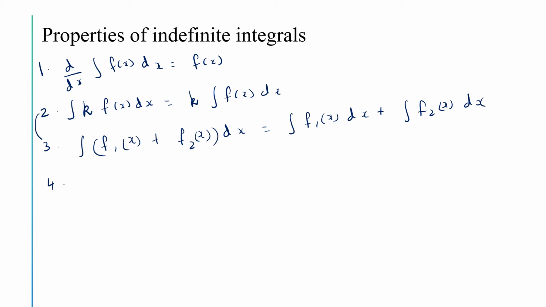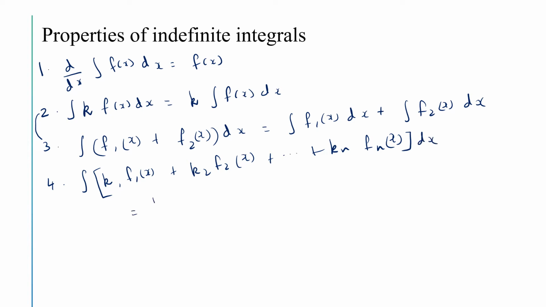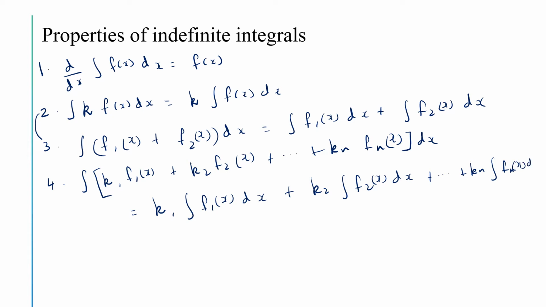So combining these two properties, we have integral k1 f1 of x plus k2 f2 of x plus up to etc. plus kn fn of x dx is equal to k1 into integral f1 of x dx plus k2 into integral f2 of x dx plus up to etc. plus kn into integral fn of x dx.